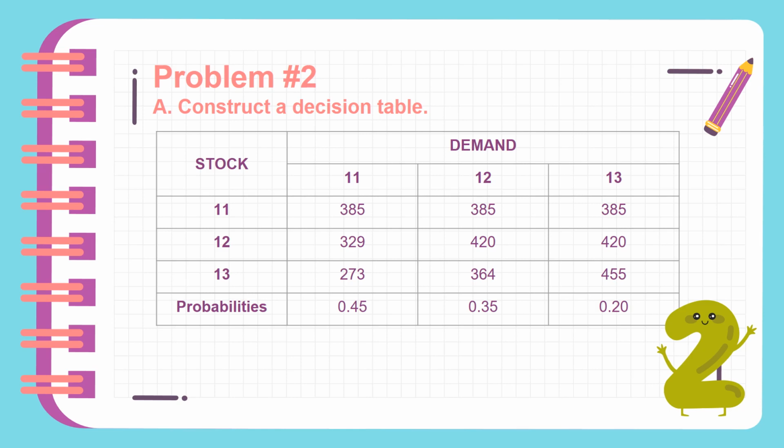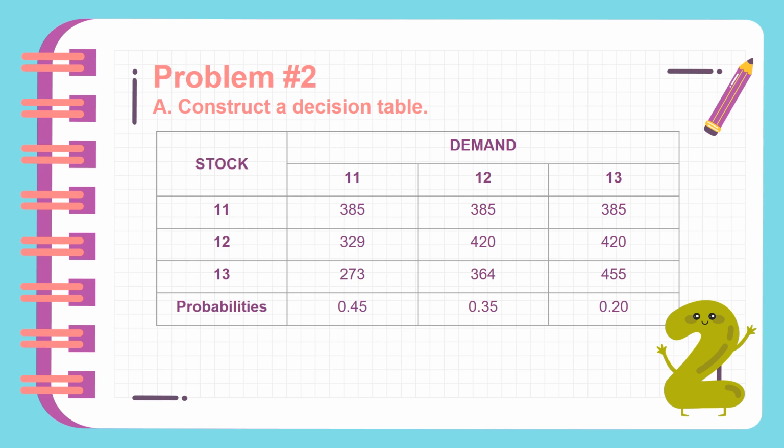So if the demand gives 385 and there is a stock of 12, then we deduct the cost of the stock that has been discarded, which is one stock, equivalent to 56 in cost. So that is 385 minus 56, that is 329.